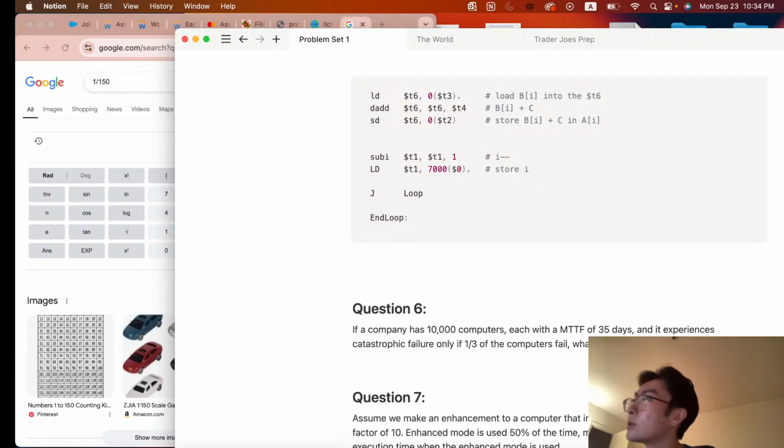Enhanced mode is used 50% of the time, measured as a percentage of the execution time when the enhanced mode is used. Fraction of the original unenhanced execution time.